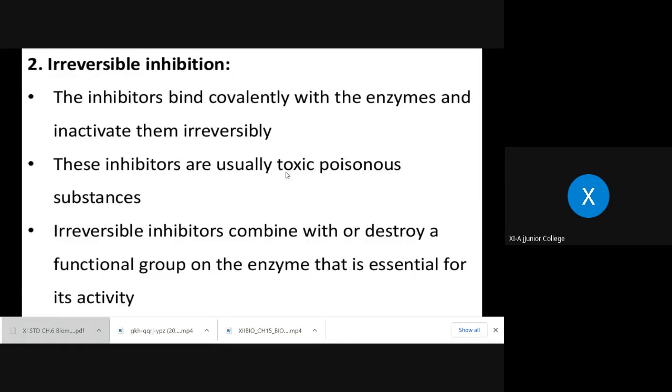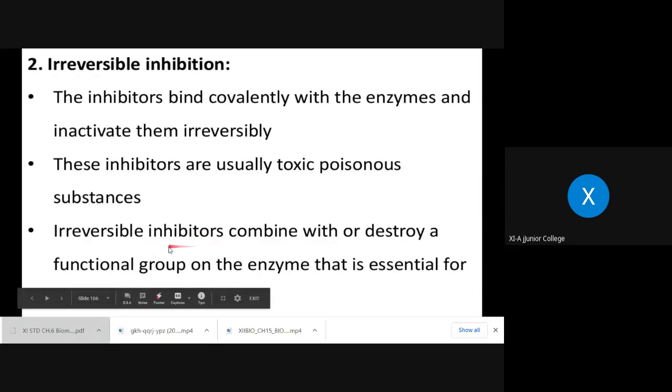What is the second category? That is irreversible inhibition. They bind covalently with the enzymes and inactivate them irreversibly, meaning the enzymes cannot come back to their original shape, position or function. So these inhibitors usually are toxic, poisonous substances.